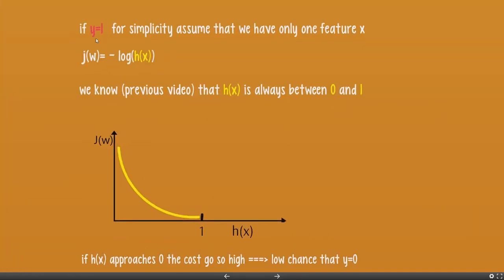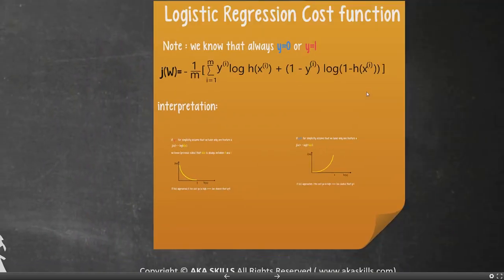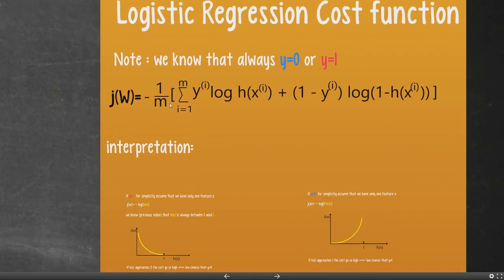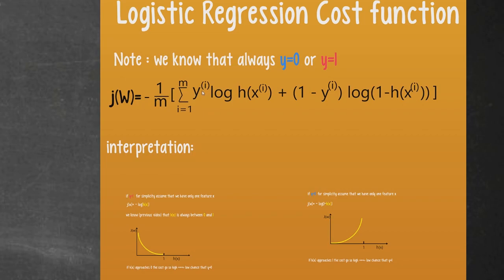We know that y equals 0 or 1. So if y equals 1, for simplicity, let's assume that we have only one feature, x. In this case, J of w is gonna equal minus log h of x. Let's see how we got from there to here. We said assume that y equals 1, and we assume that m equals 1 also, just for simplicity's sake.